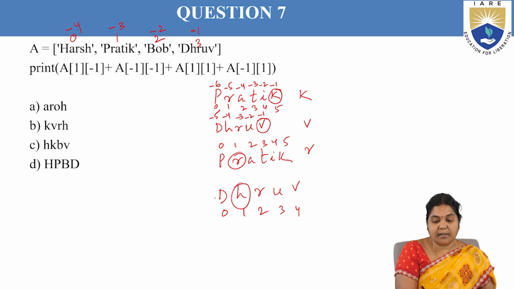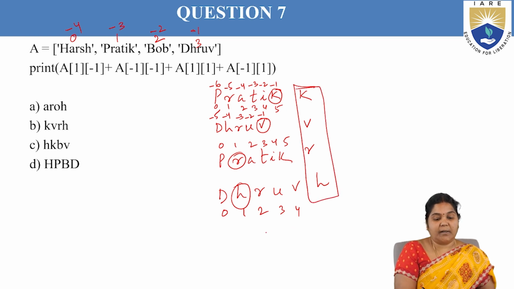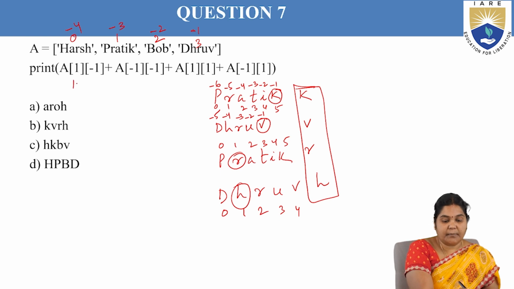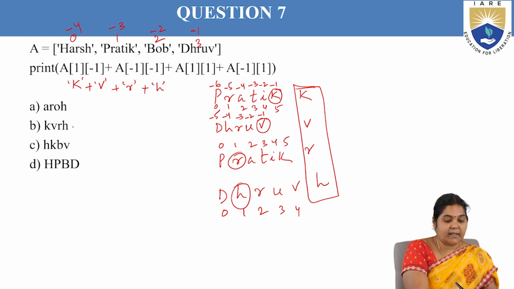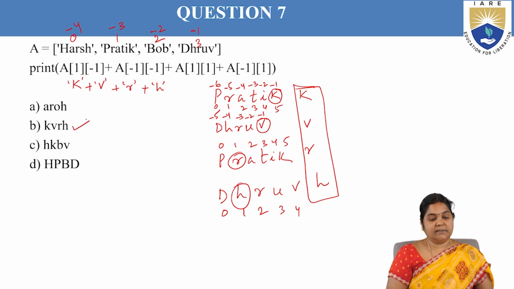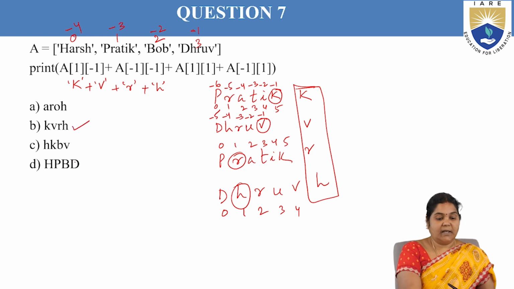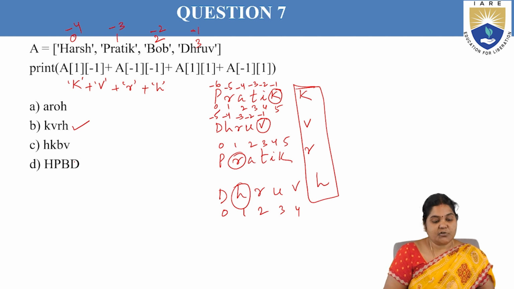So at the first index we have H. So these 4 characters we have to add up: K plus V plus R plus H. If you add them up, it gives you the concatenation KVRH. So the answer for this question is the string KVRH. Now, let us move on to the next question.